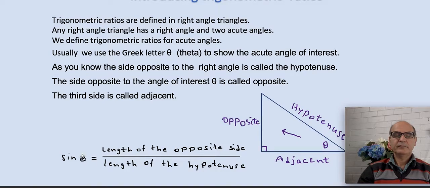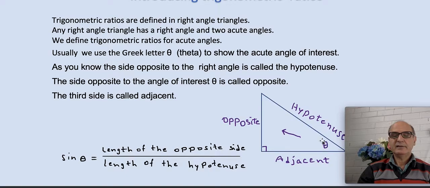Now we talk about the ratios which we were going to discuss. The first ratio is sine, and we show it with sin, and then we have the name of the angle after that. So sin theta, this is the sine of angle theta.